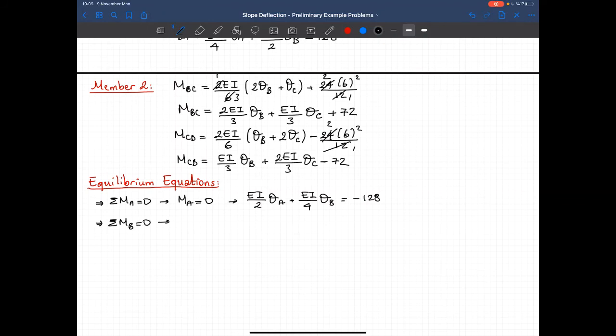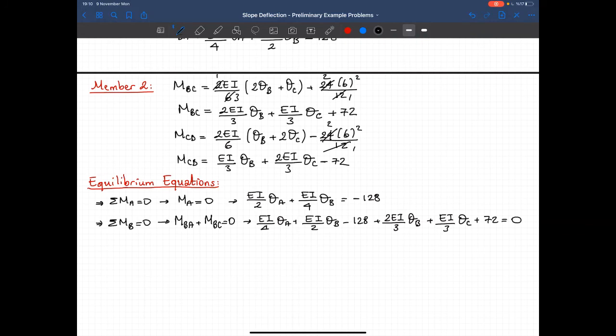This tells me that MBA plus MBC is equal to 0. Then EI over 4 theta A plus EI over 2 theta B minus 128 plus 2EI over 3 theta B plus EI over 3 theta C plus 72 is equal to 0.